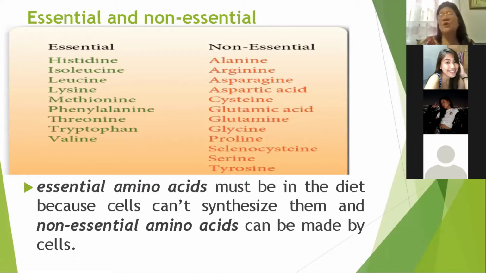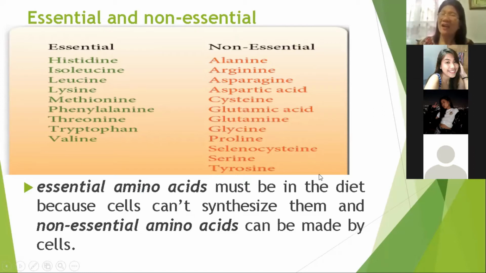Oh, class. So these are the 20 amino acids that we are talking about as the constituents of protein. Why is one essential and why is another non-essential? Okay, these amino acids are classified as non-essential because they are synthesized directly by our body.